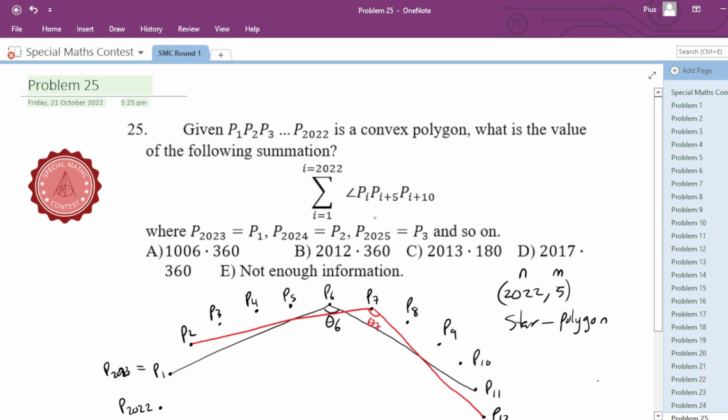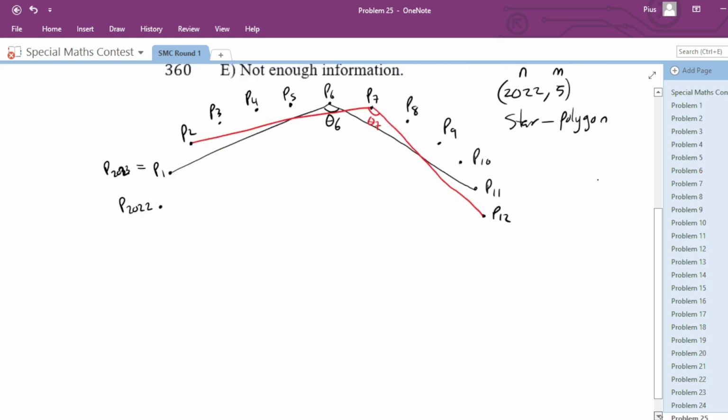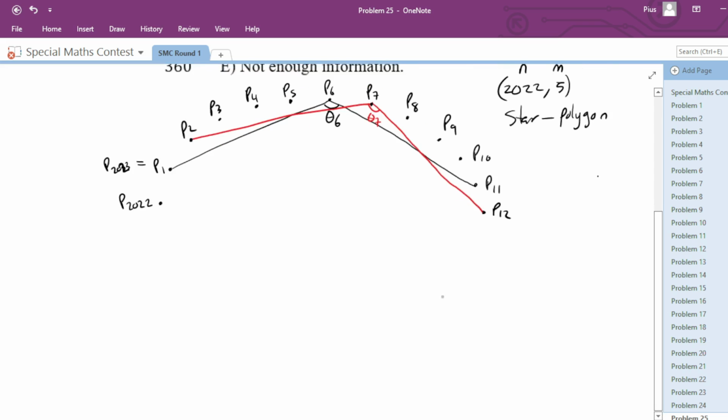For a star polygon there's a formula, so we're just going to quickly derive it, and then we'll see that the answer is always fixed, and we'll find out exactly what the answer should be. First, if we focus on, say, P1, P6, we have M minus 1 other points, in this case 4 other points.